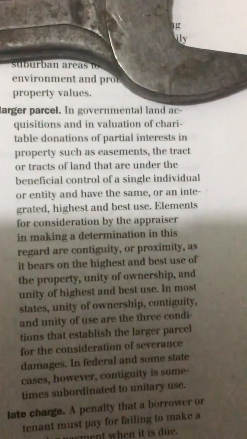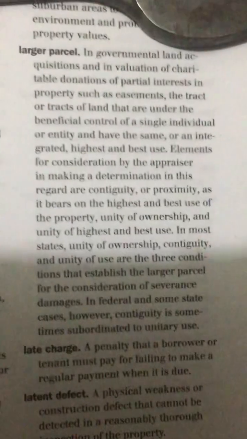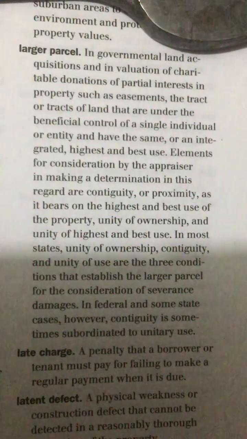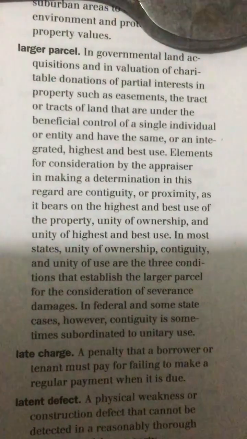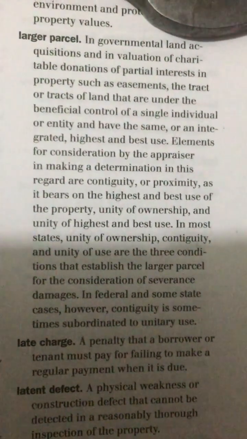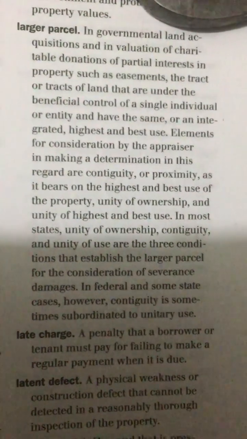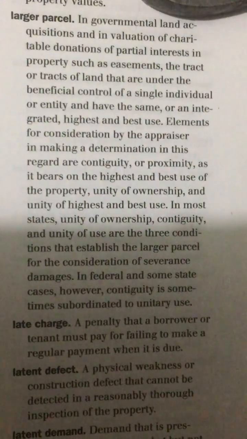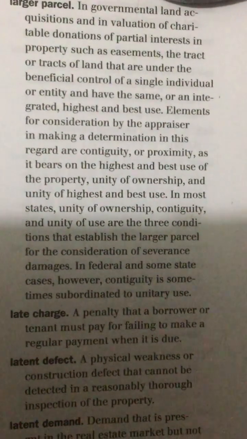Elements for consideration by the appraiser in making a determination in this regard are contiguity or proximity, as it bears on the highest and best use of the property, unity of ownership, and unity of highest and best use.